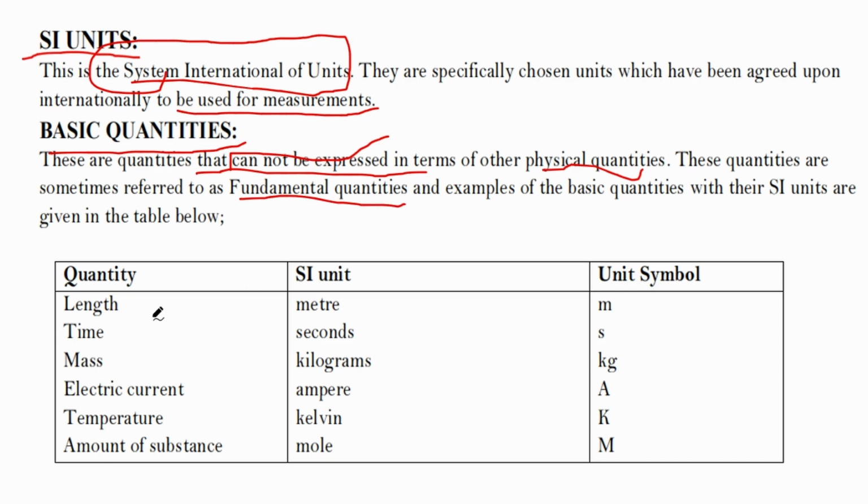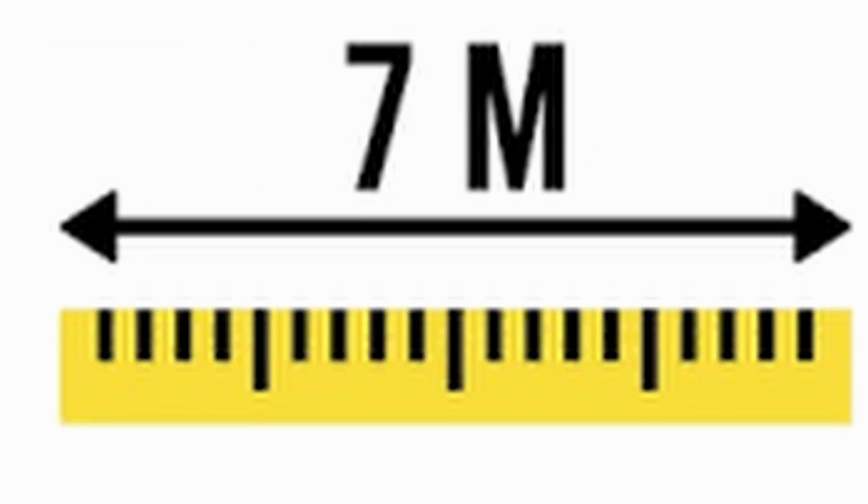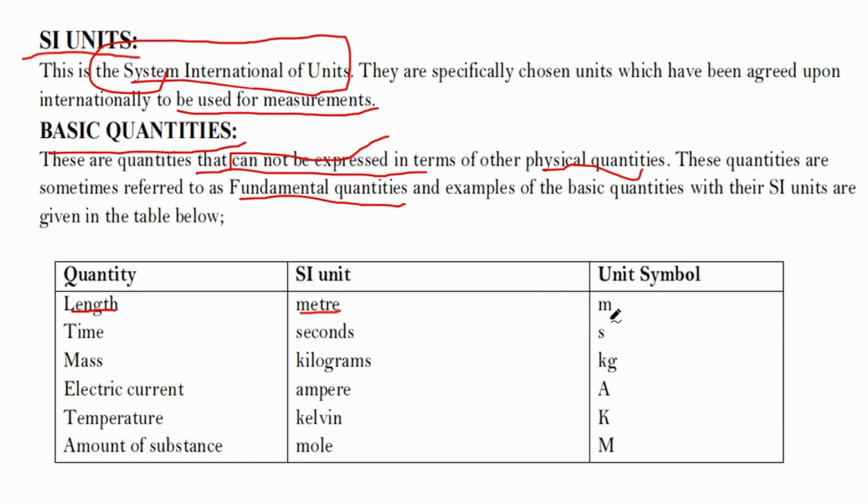And this table here shows some examples of the fundamental quantities. We have length as the physical quantity, and it is measured using an SI unit, which we call a meter. And the symbol is small m.